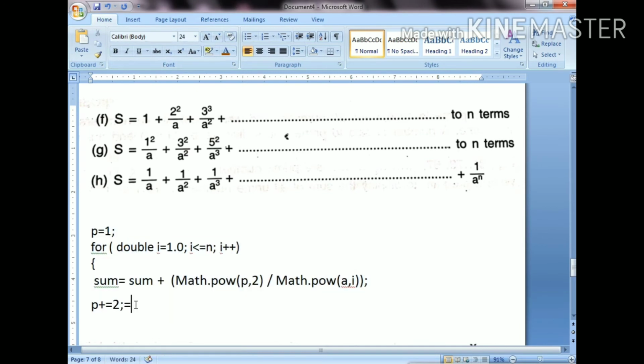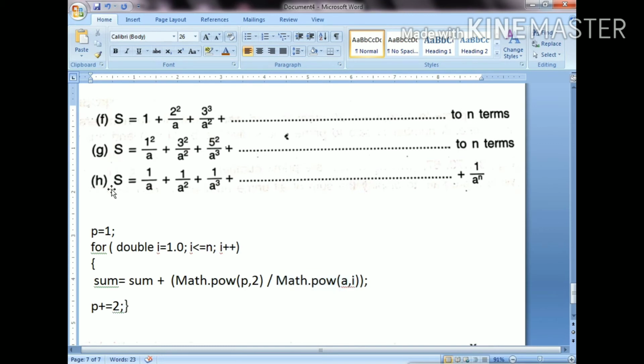So that will be the answer of question number G. So here you have to declare p equals 1. P holds the numerator value, here numerator square, and that is denominator value, that is a comma I, a with position of I. So let's go for the question number H.